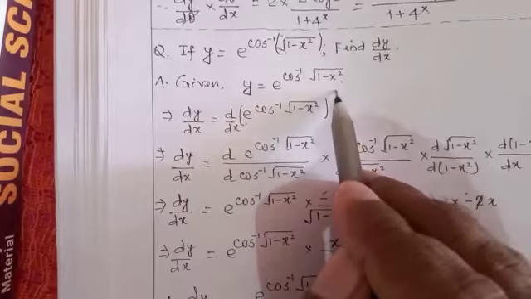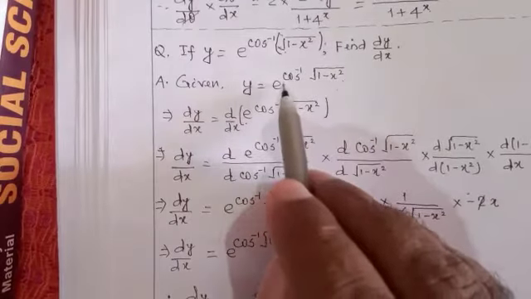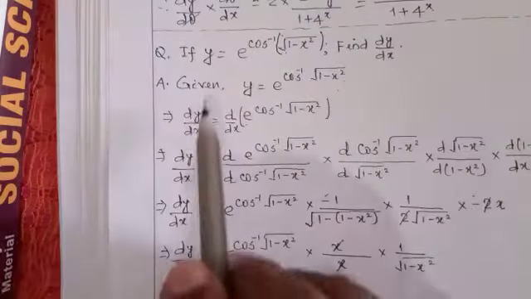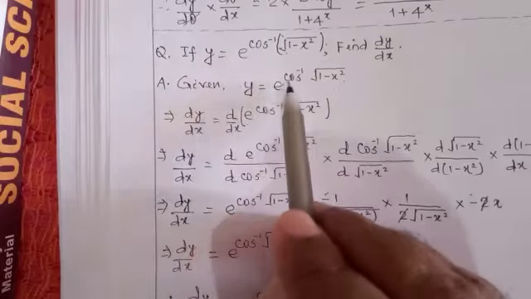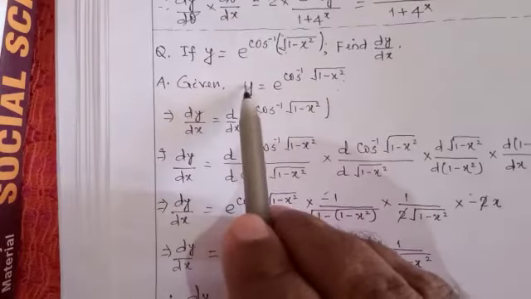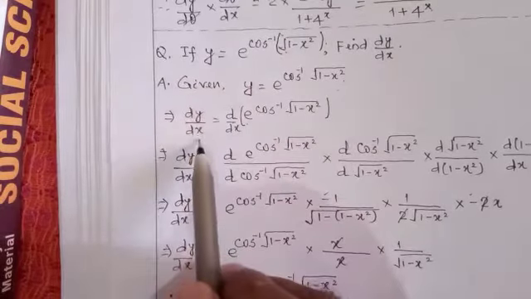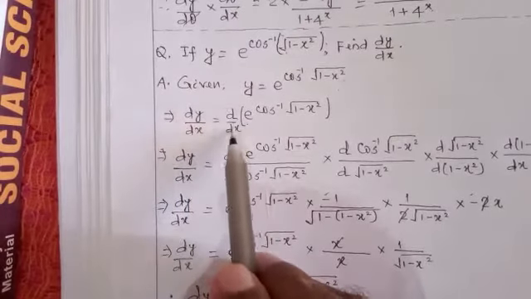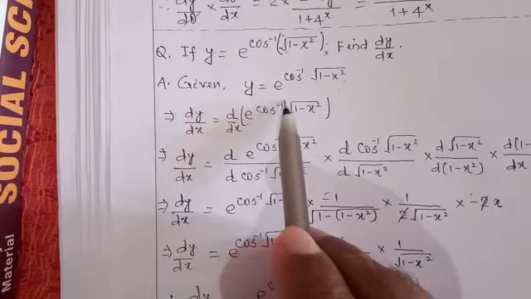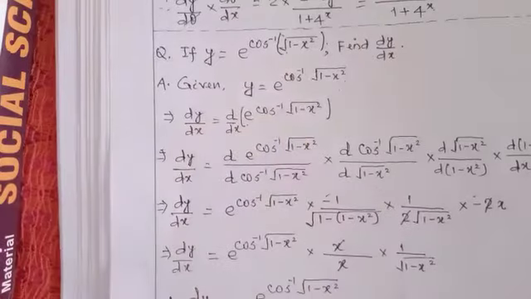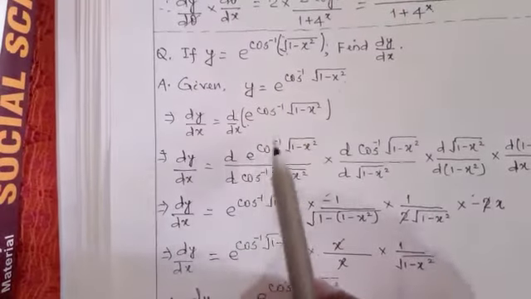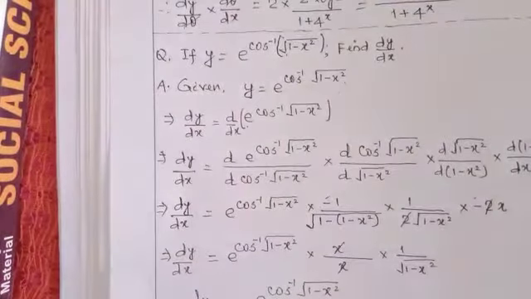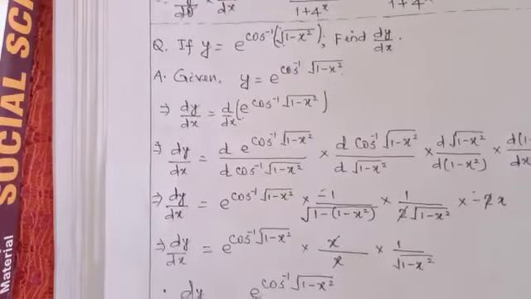See carefully, this is a question of function of a function. First differentiate: this y becomes dy by dx, and here just write d by dx of e to the power cos inverse under root 1 minus x square. Now write according to the chain rule, function of function.